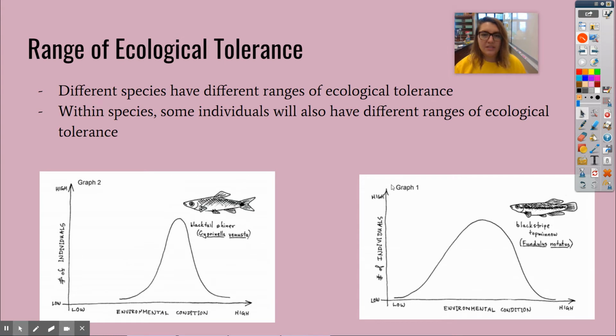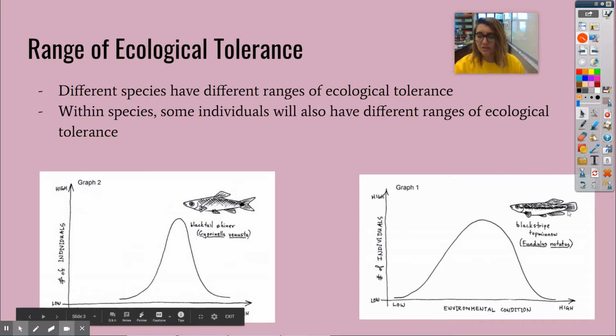Like I said, different species have different ranges of ecological tolerances. For the same thing, two different species could be wildly different in what they can tolerate. And within species, some individuals will also have slightly different ranges of what they can tolerate. For example, these two fish, let's say this is salinity.